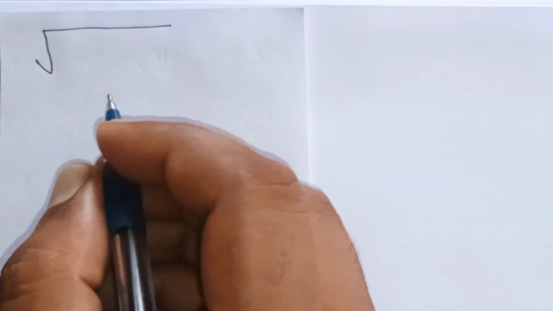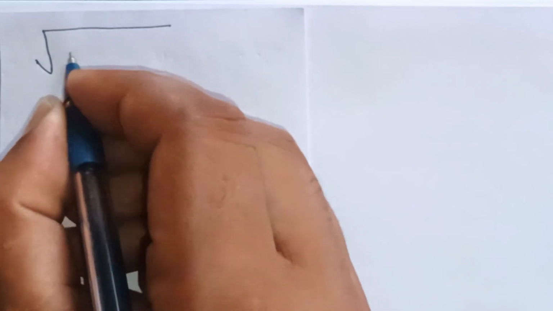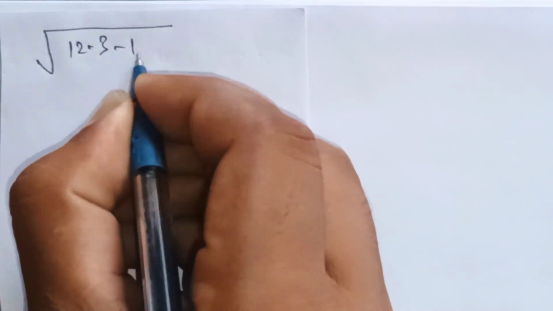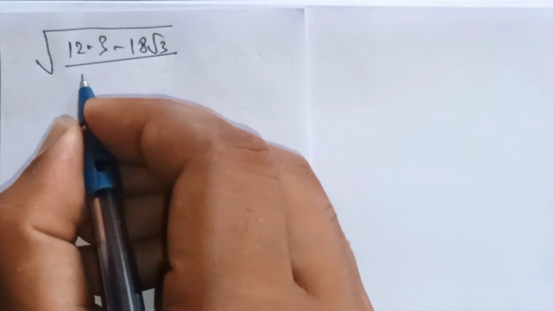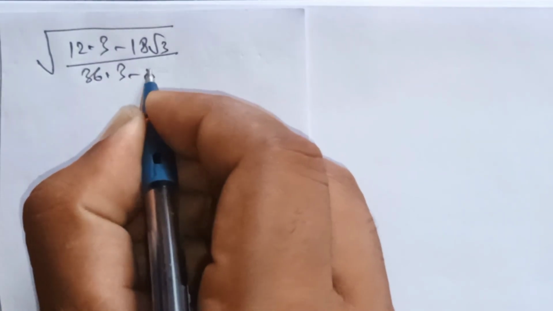After that, root under 12 into 3 minus 18 into root 3 divided by 36 into 3 minus 81.